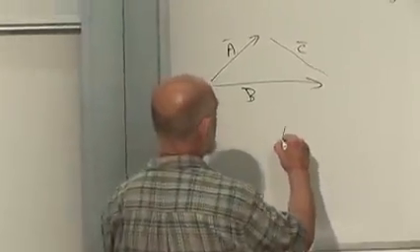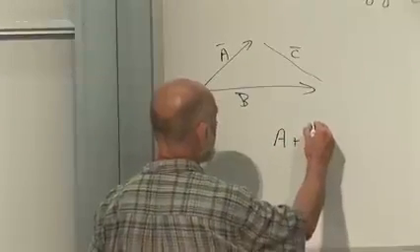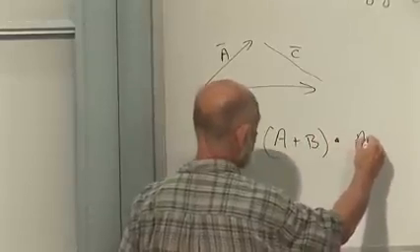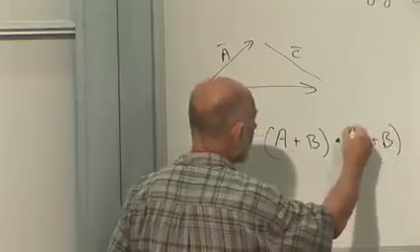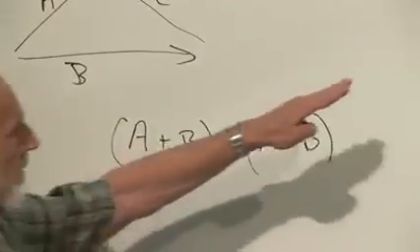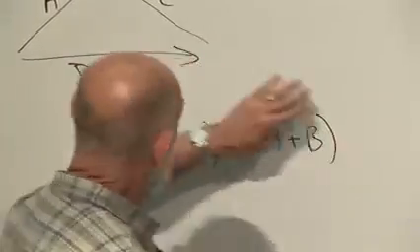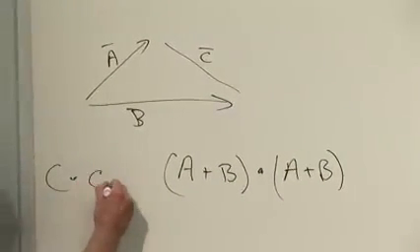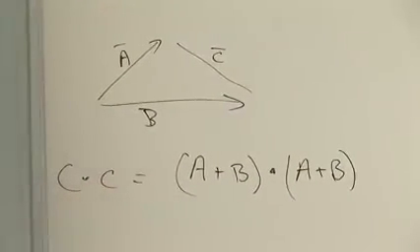C squared is A plus B dotted with A plus B. The square of the length of a vector is the dot product of the vector with itself. So if the vector happens to be C, this is C dot C, the square of the length of C.